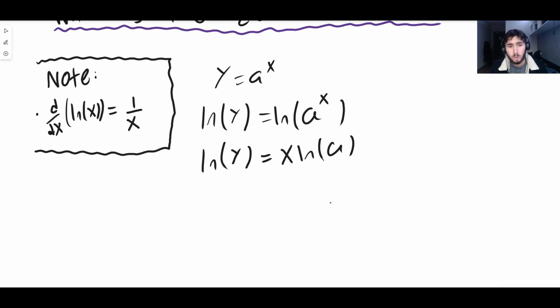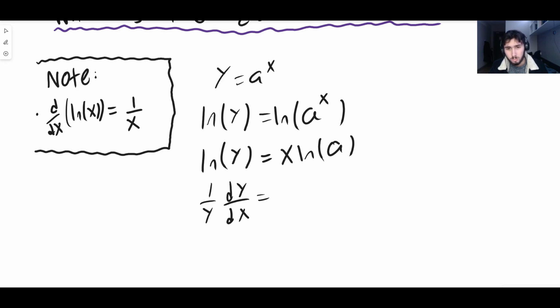So the derivative of the natural log of y with respect to x is 1 over y. And because it's a y and not an x, we times by dy dx, as always with implicit differentiation. So on the right hand side, what we have is the derivative with respect to x of x times the natural log of a.